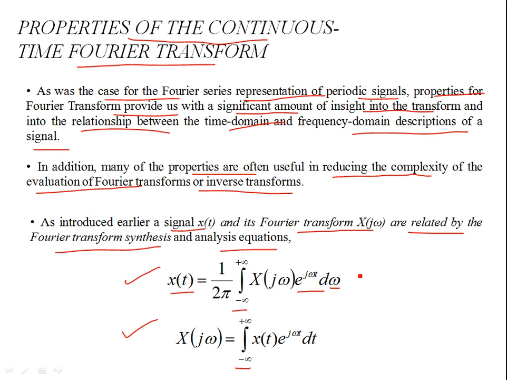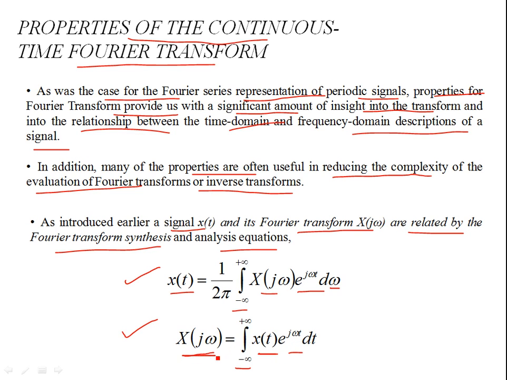So the harmonically related components kω0 become very close, just next to each other. So ω becomes a continuum, a continuous variable, where X(jω) is defined as the integration of x(t)e^(-jωt). This is also known as the Fourier integral or the Fourier transform of x(t), ω being the continuous variable.